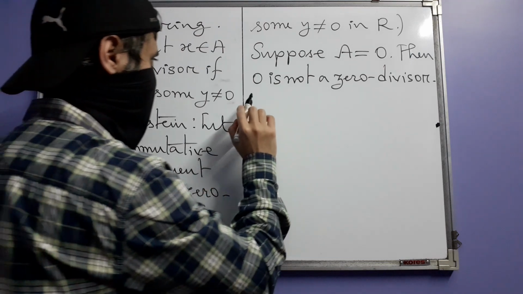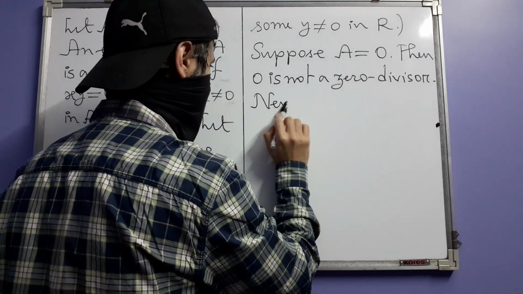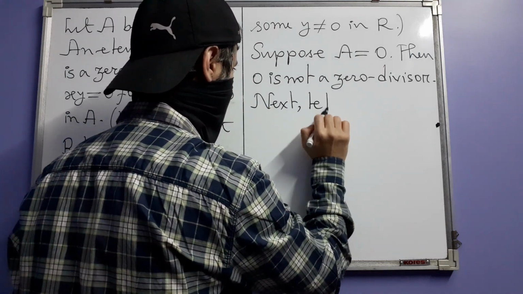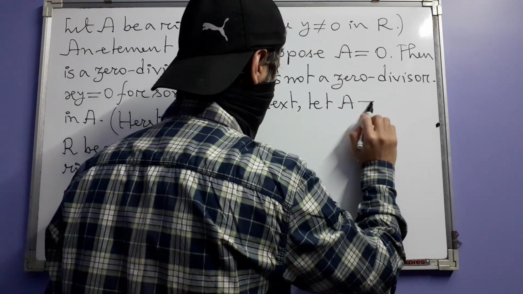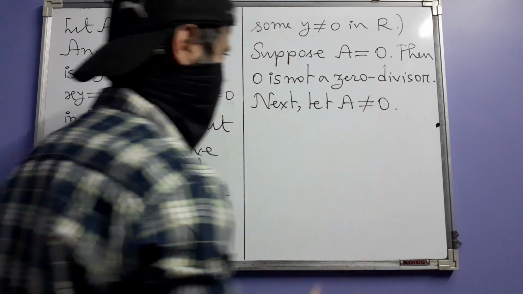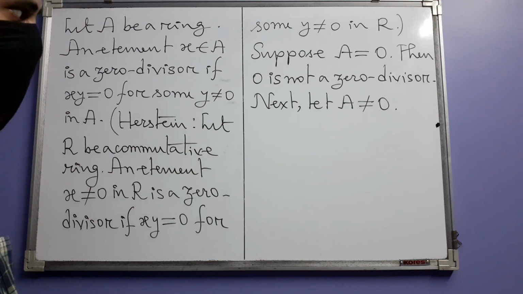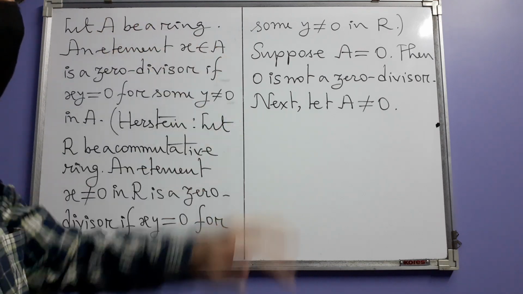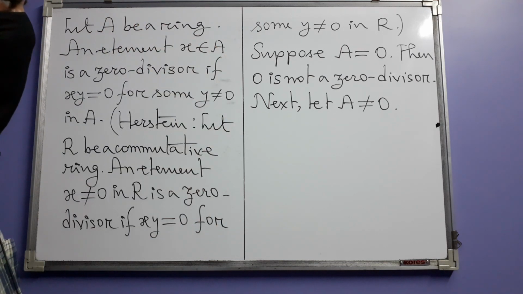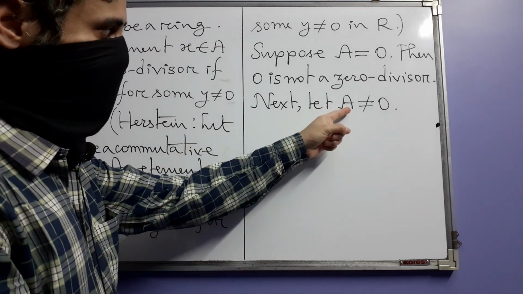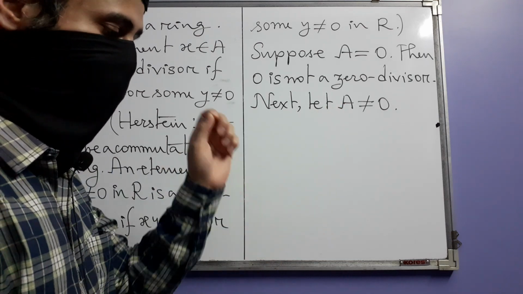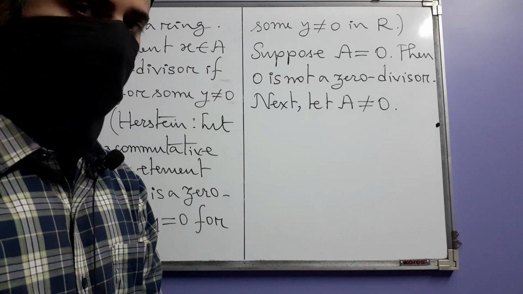However, suppose that A is a non-zero ring. Non-zero ring means in Atiyah and Macdonald's sense. Here, no matter what the ring A is, 0 will always be a zero-divisor.